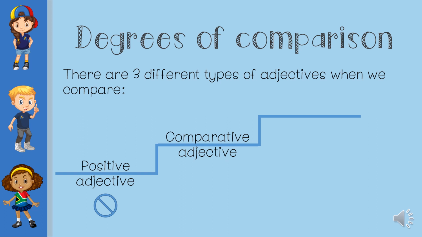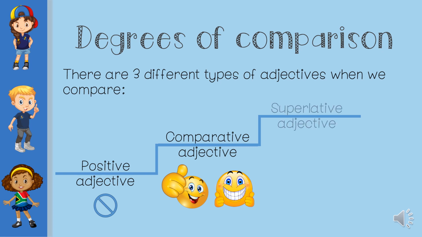The second one is the comparative adjective. You can hear in the name comparative, compare. If you look, this man is happy, but this one is happier. So if you compare the two, the one man is happier than the other.